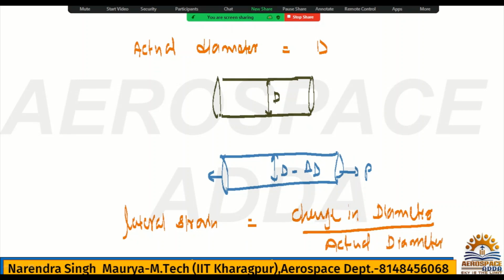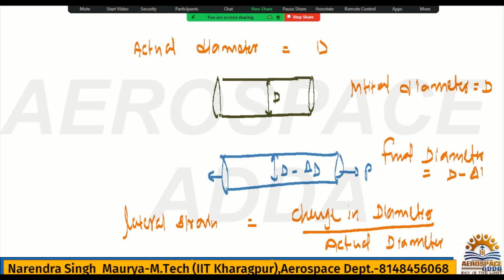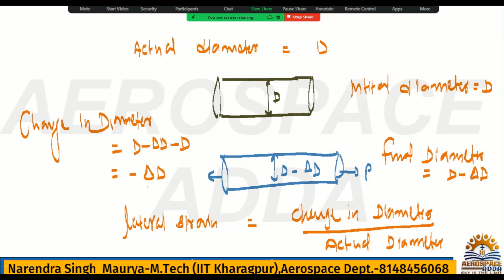The initial diameter is D, and the final diameter becomes capital D minus delta D. The change in diameter is D minus delta D minus D. The D's cancel out, and you get minus delta D, which is the change in diameter.